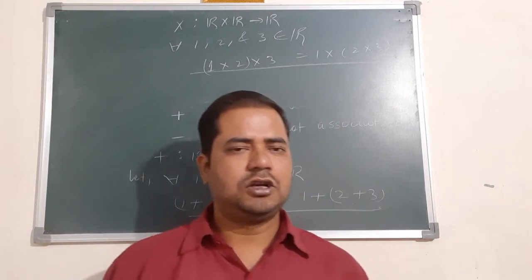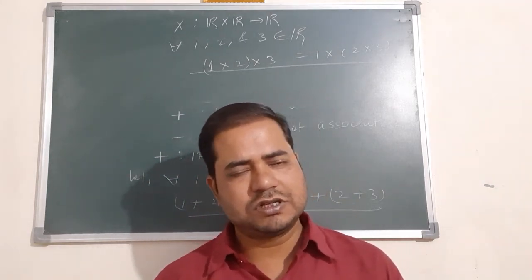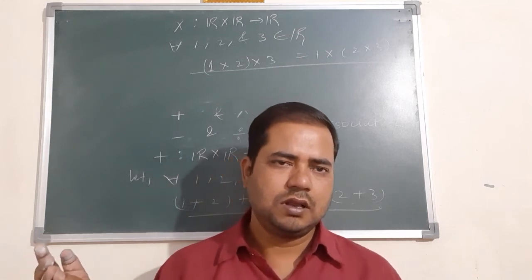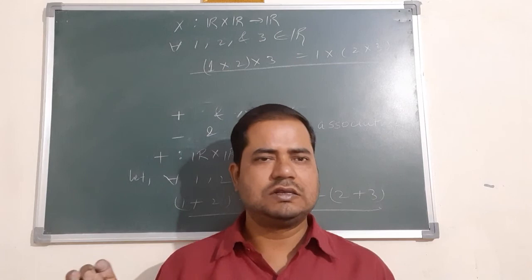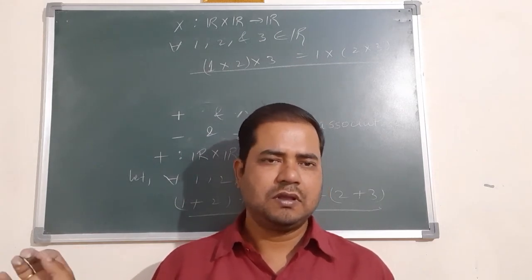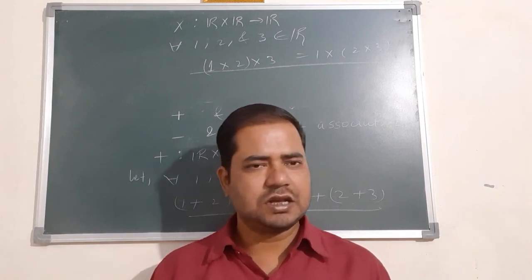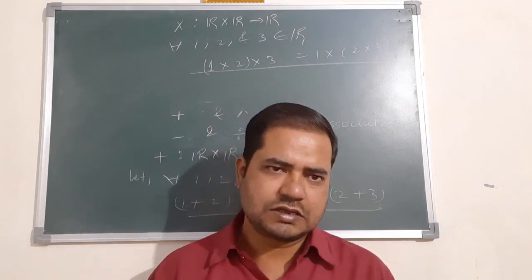Then the total properties we have for a binary operation are: first, closure; second, commutative; third, associative; fourth, existence of identity; and the last one, existence of inverse.